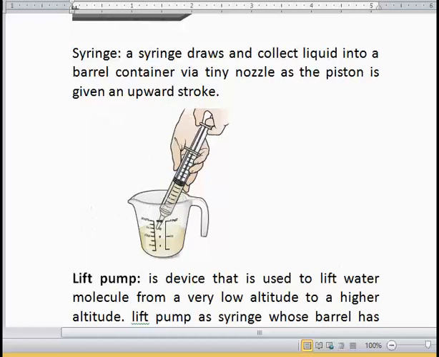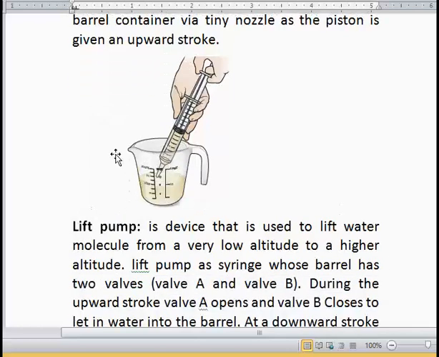Of course, I'm very sure people that take injection, you just put this syringe inside the liquid, draw the piston, and the liquid enters through the tiny nozzle and into the barrel when the piston is being lifted up.